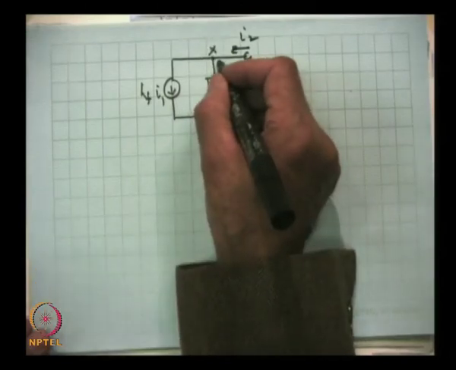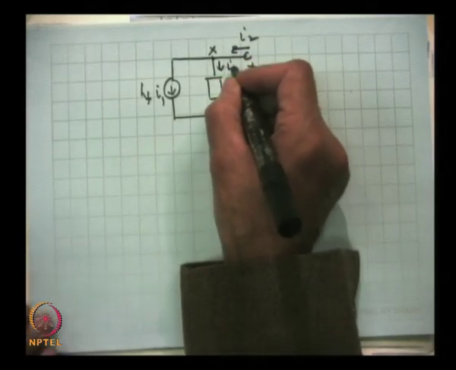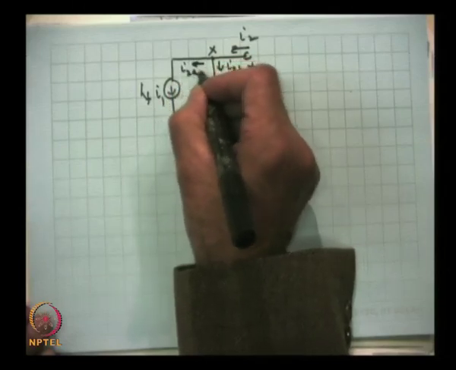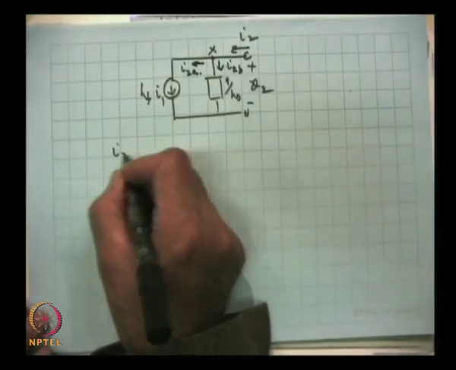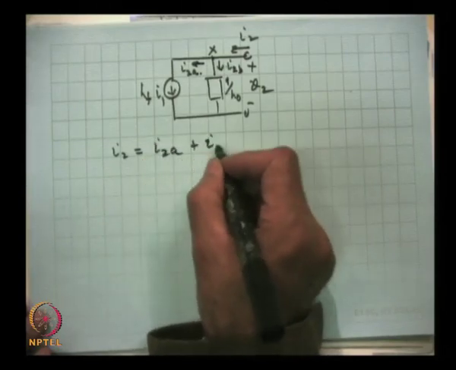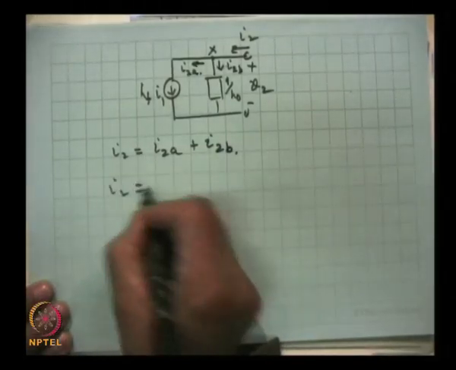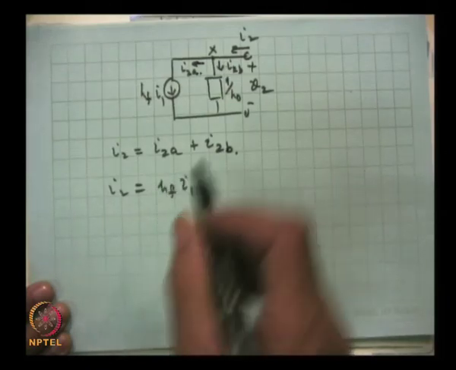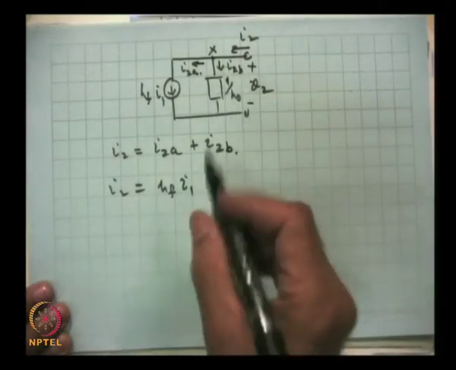So, this is I 2 B and this is current I 2 A. Then simple summation gives that I 2 is equal to I 2 A plus I 2 B, and I 2 is equal to, this is given by H F I 1, and if this is impedance, then what will be the current here?